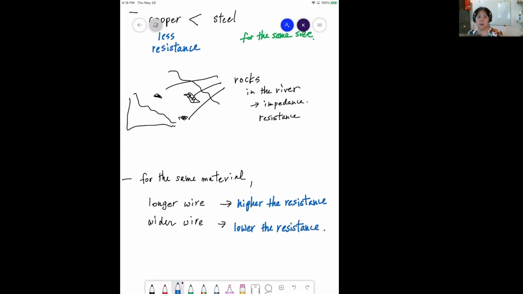It's like being at Target, and there's a bunch of cashiers available versus only two registers. Maybe they're all similarly busy, but if you have more options, you're going to go with the one with more options. So the wider the wire, the lower the resistance.